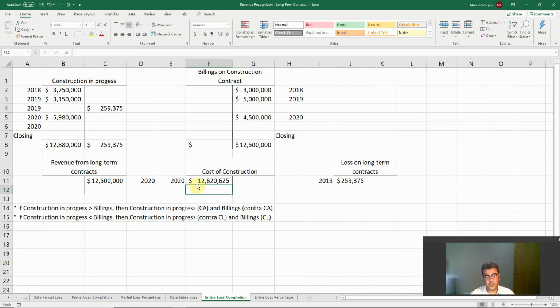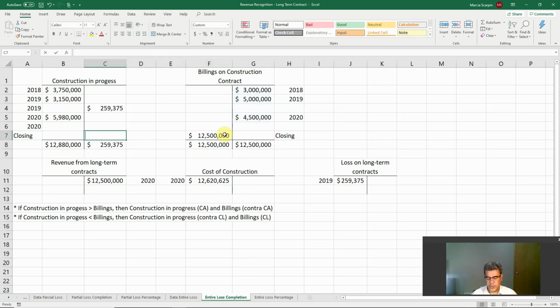So our cost will be 12.6 because these two numbers combined, then we have the total here. Okay? And we need to close this journal entry here because in 2020, our contract is over. So we have no more construction in progress, no more billings. So let's sum it.